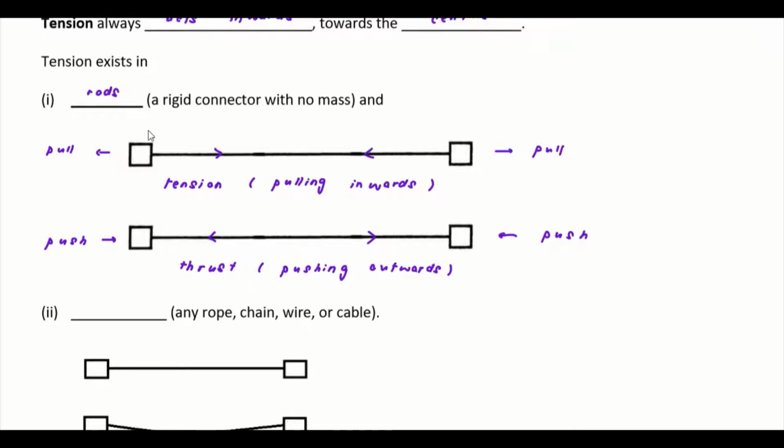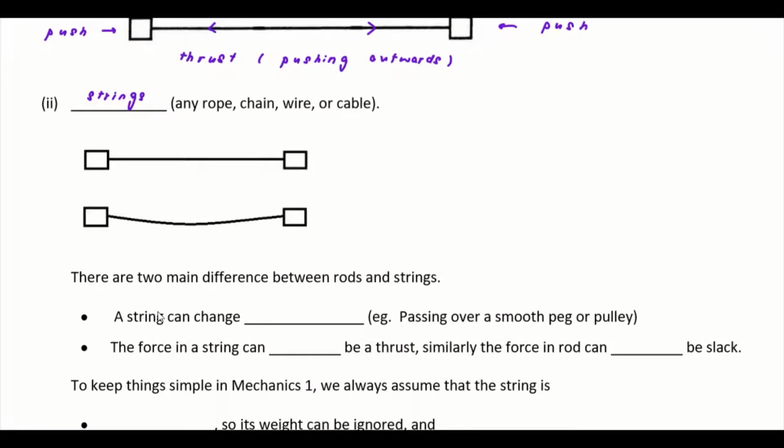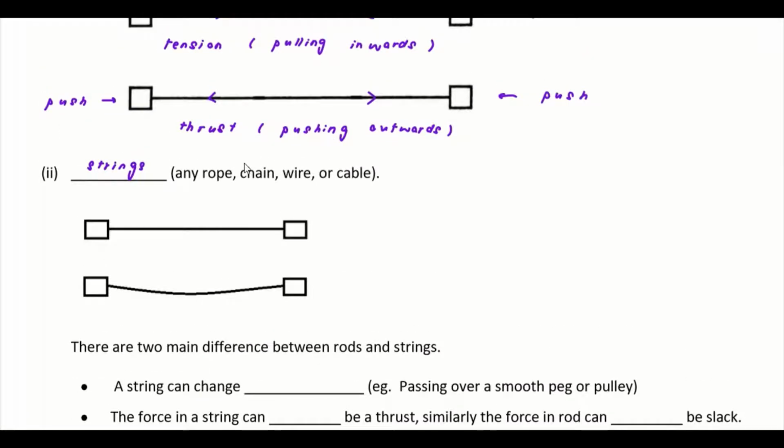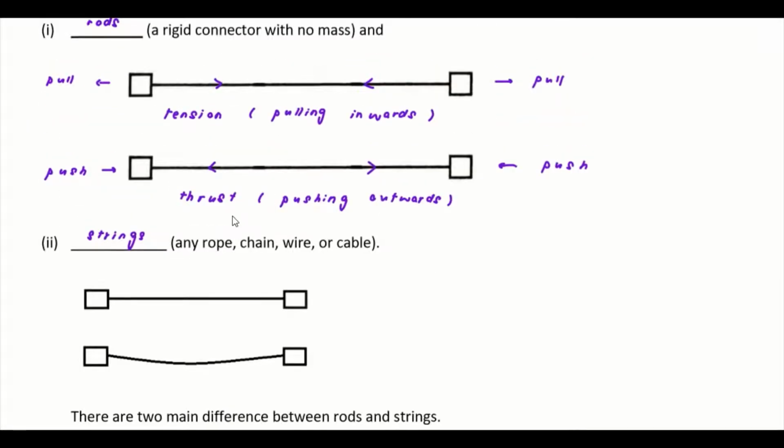Okay, so this is the rigid connector, which is basically rods or things like a metal bar and so on. So it's a rigid connector. The second part that we are going to look at is string. String means any rope, chain, wire, or cable that can change direction. For string, you wouldn't have the idea of thrust because it's not rigid, right?